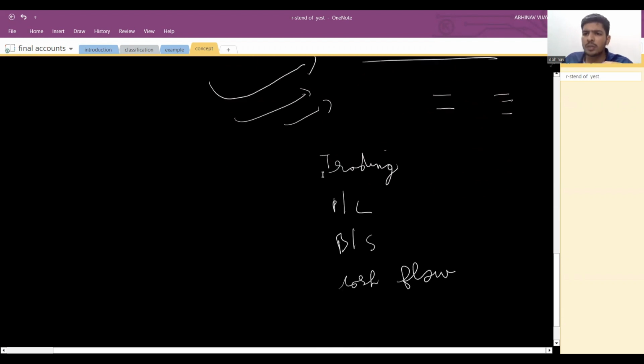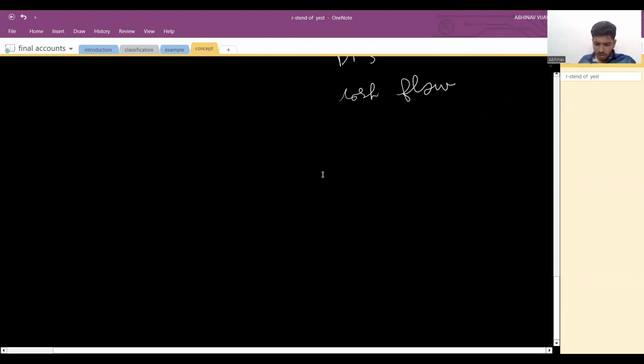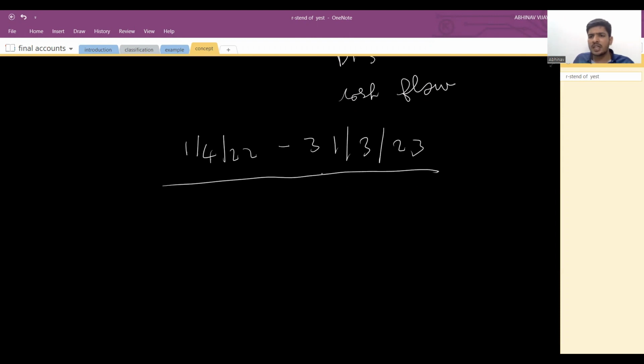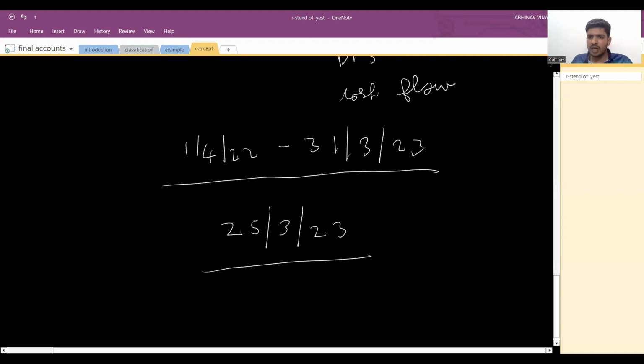So what people usually do is, say for example, a financial year is from 1st April 2022 to 31st of March 2023. Companies close the books around, just as an example, the 23rd of March 2023. That is, they close all ledgers, prepare the trial balance, and everything.